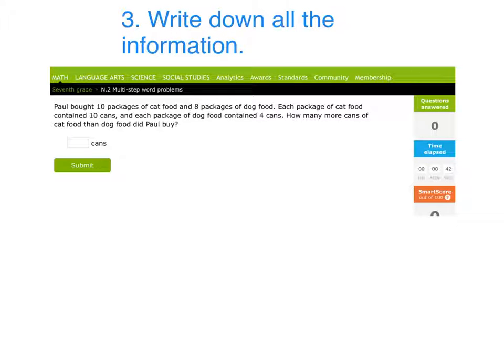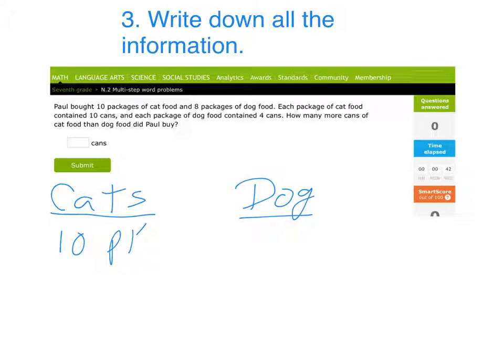The next step is to write down all of the information from the problem. Pull the numbers and the labels out of the problem so that you can more easily see what's going on. So here we have cat food and dog food, and let's see, we've got 10 packages of cat food, 8 packages of dog food, and I'm just abbreviating in a way that makes sense to me.